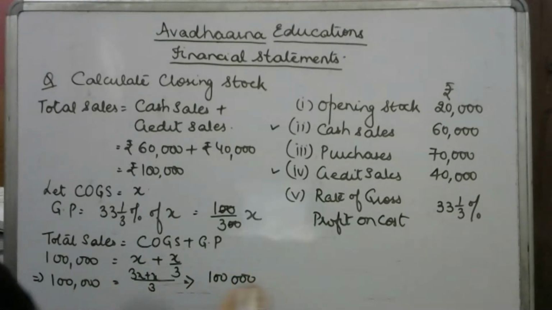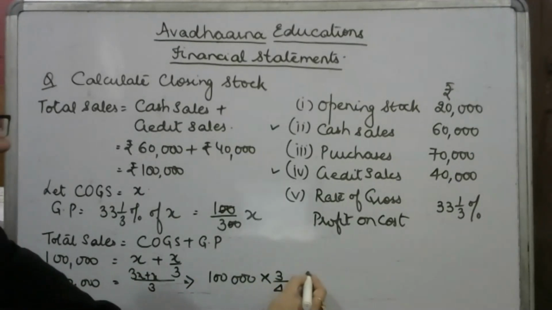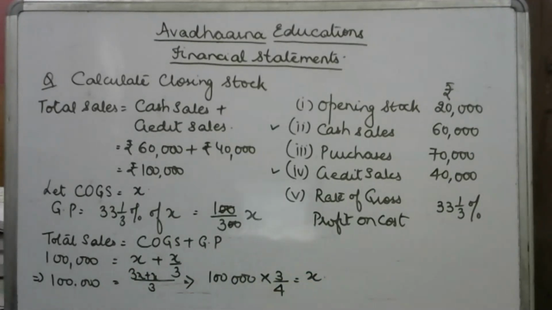Now if I want to calculate the value of x, I'm going to take this fraction on the left hand side, and we'll take its reciprocal. So 4 upon 3 when it changes side will become 3 upon 4. It is equal to x. Fine.